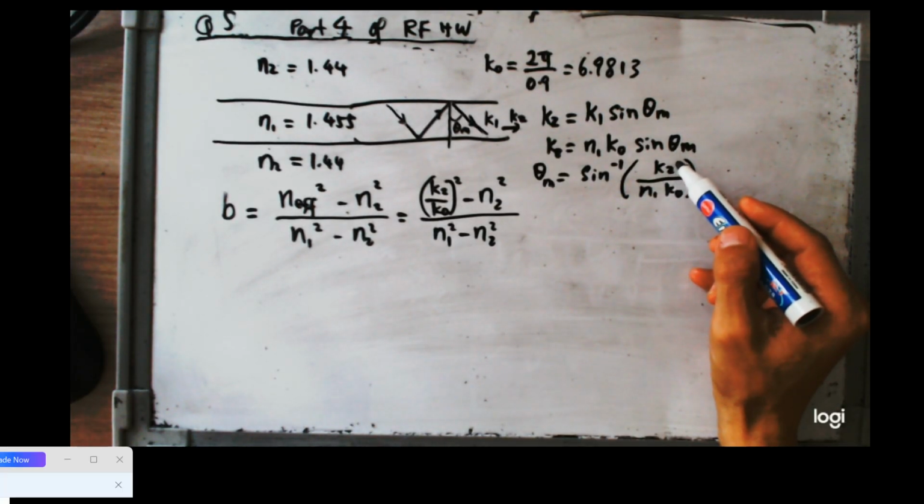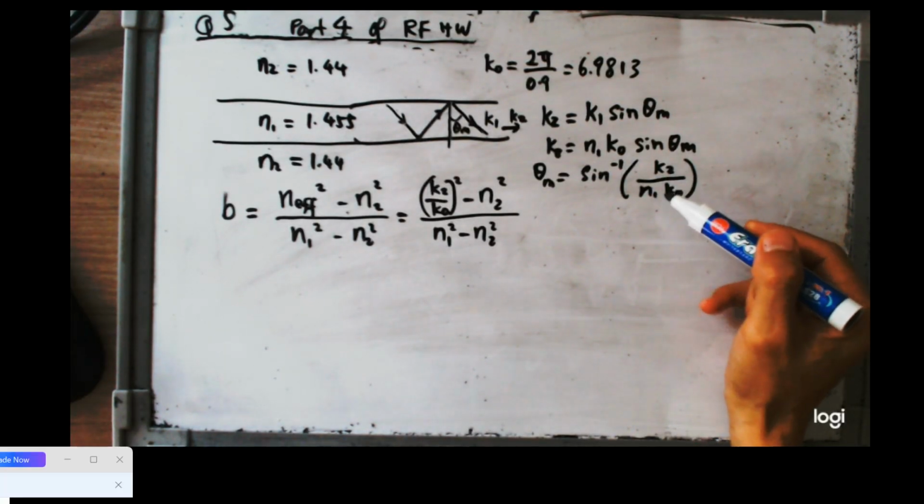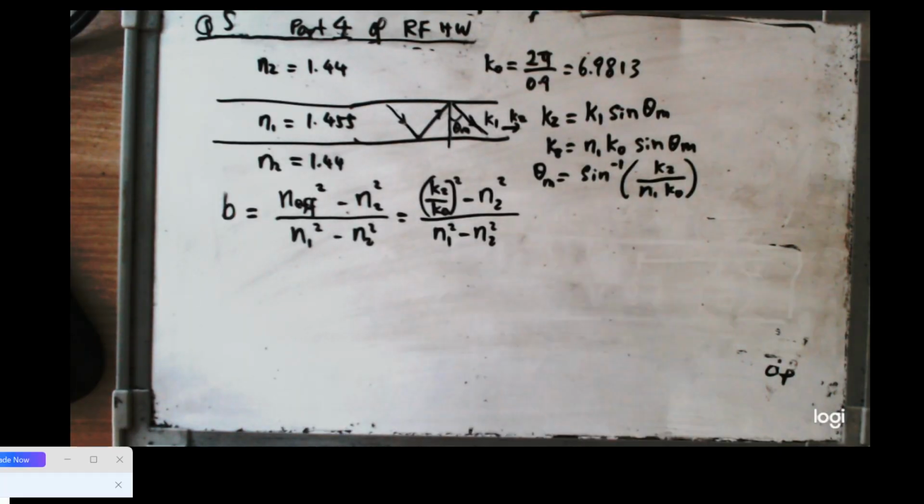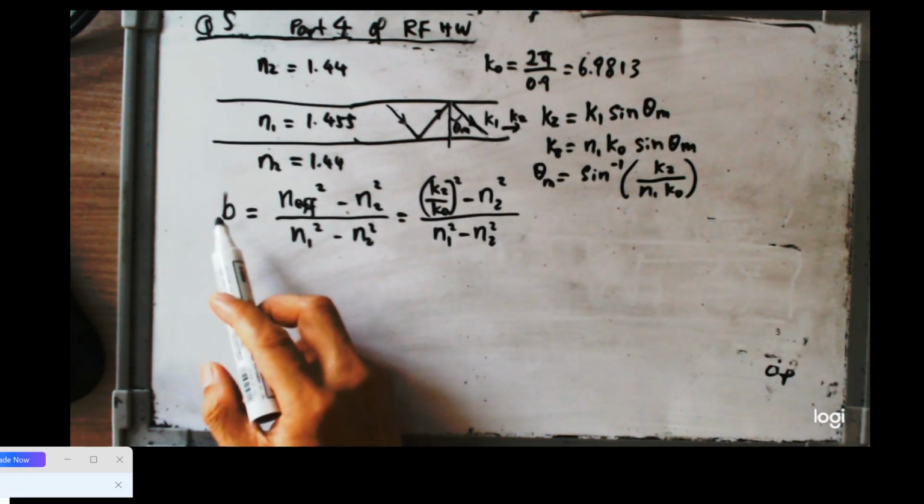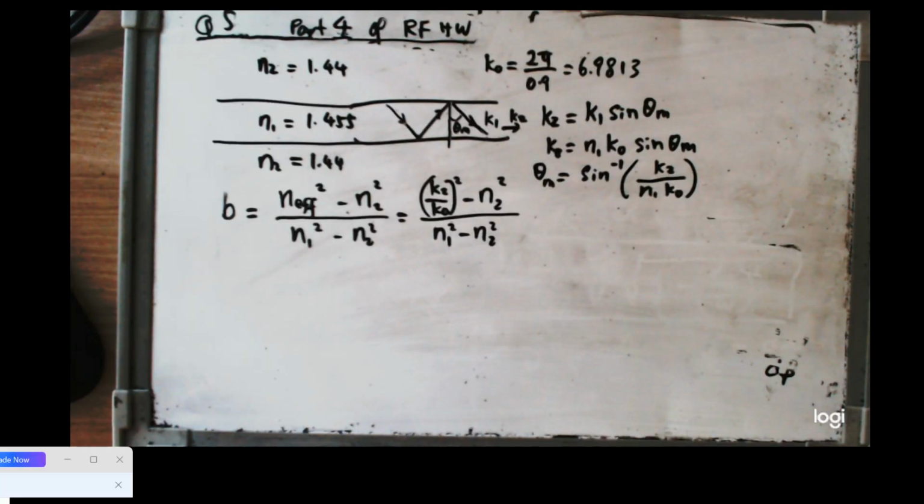So this is the way we work out the incident angle out of the propagation constant. And the propagation constant can be evaluated from the value of b, which is the normalized propagation constant. And now we can start.